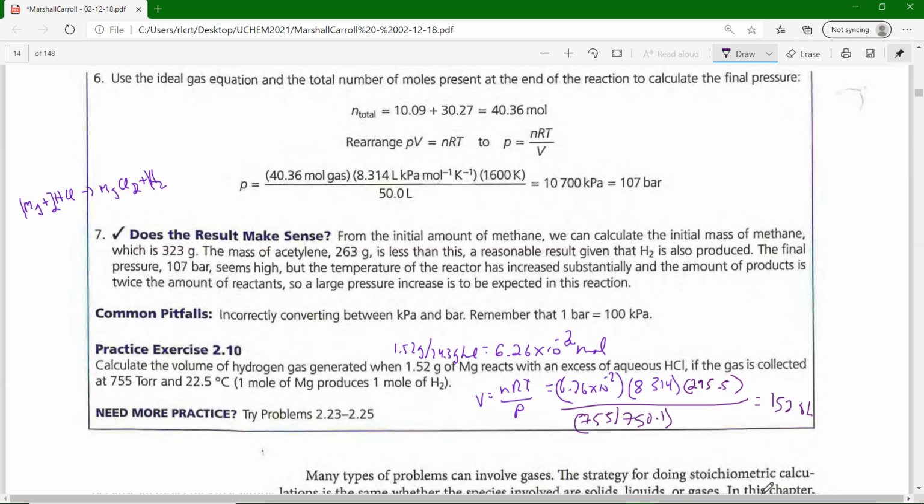1.52 divided by 24.3, that's 6.255. Then times 8.314 times 295.5 divided by 755 over 750.1. 153. I'm not using the right unit, am I?